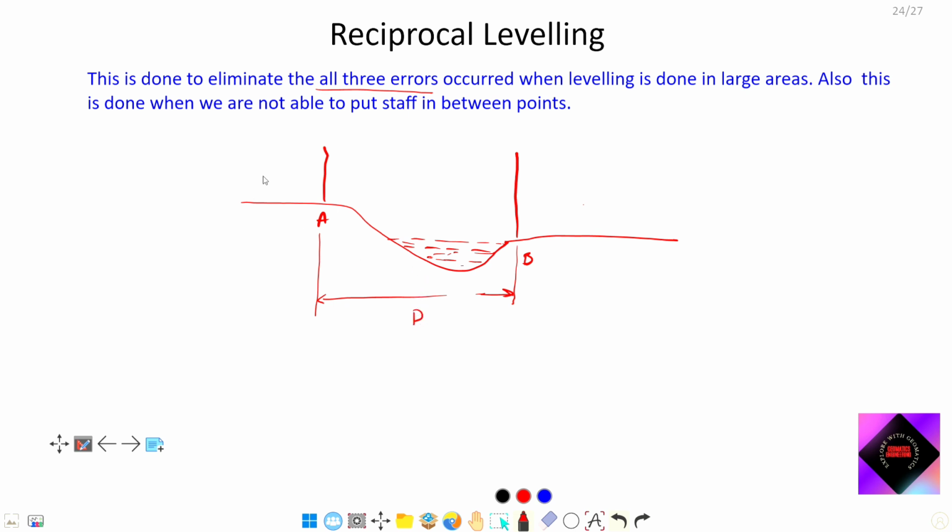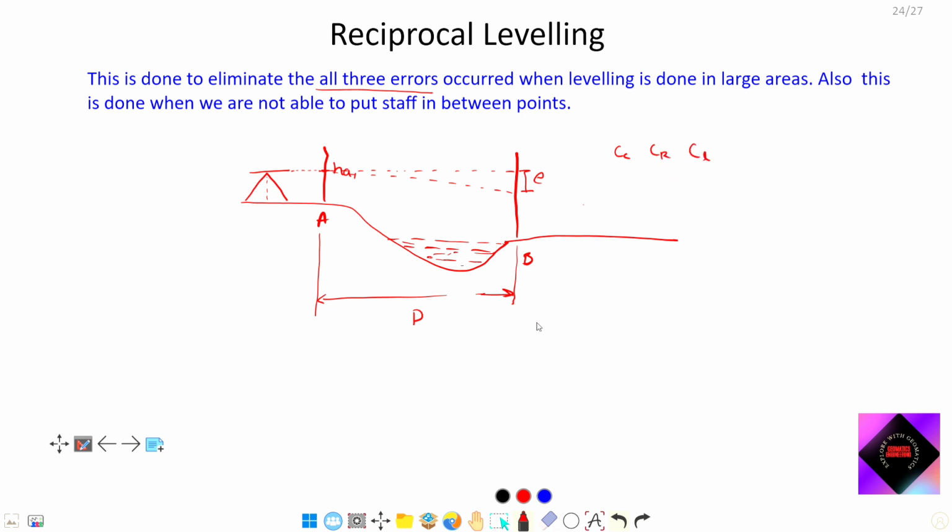So what we do, we first put our setup near to the point A. If our setup is near to the point A, then there will be no error in taking the reading of the point A. For example, HA1 will be our error free reading, but reading at B will have some amount of error, that is E. This is because of curvature error, refraction error and line of collimation error.